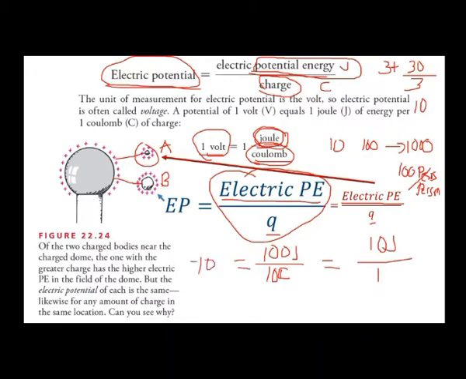So its electric potential is just the same, although they don't have the same number of particles and potential energy. So again, both of these, A and B, charged particles, have the same or equal electric potential.